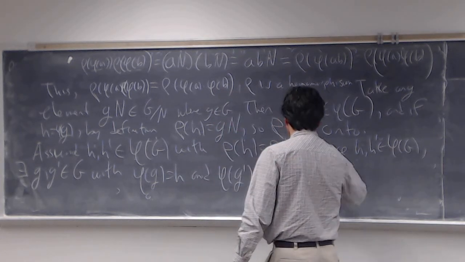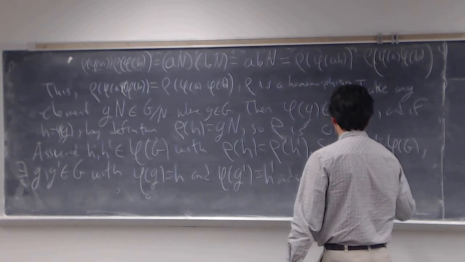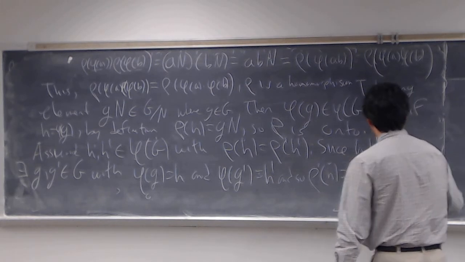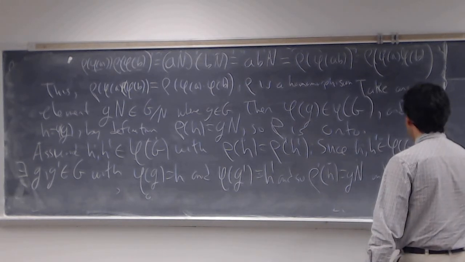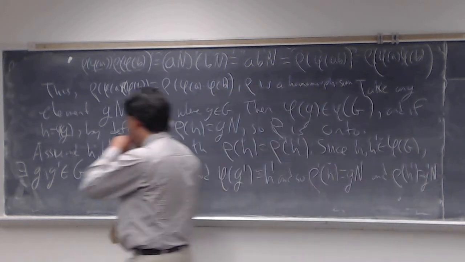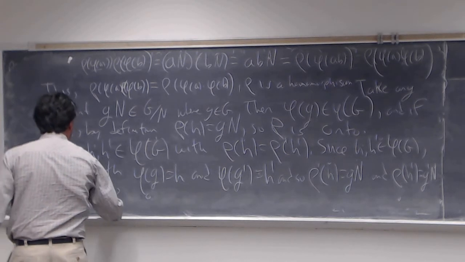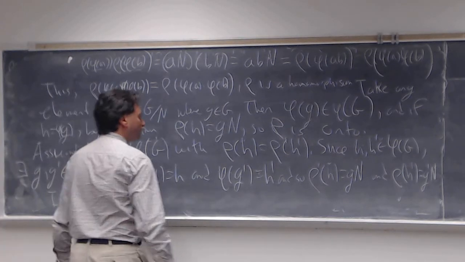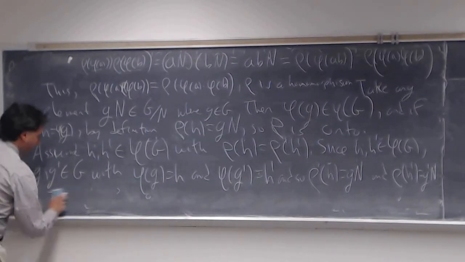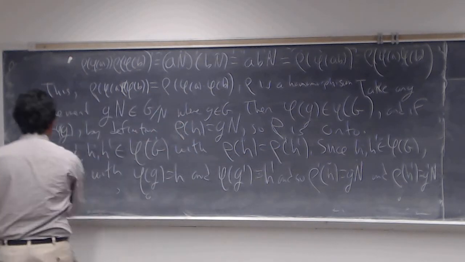And so rho of H would just have to be Gn, and rho of H prime has to be G prime n. So by assumption, we're assuming rho of H equals rho of H prime, so these two are equal.